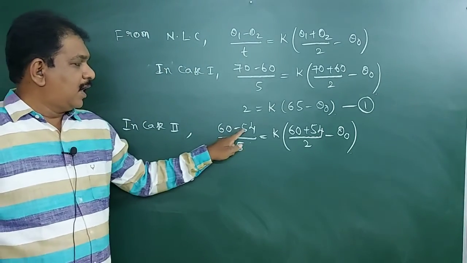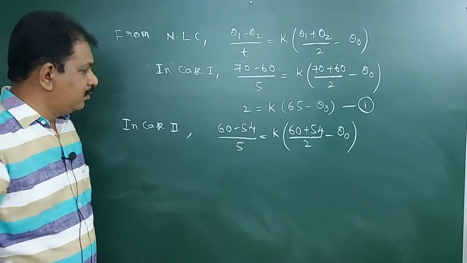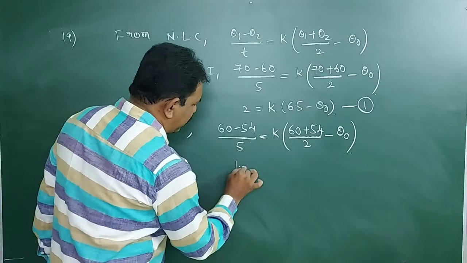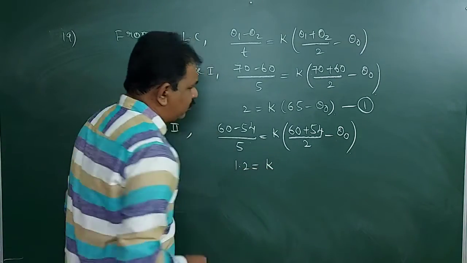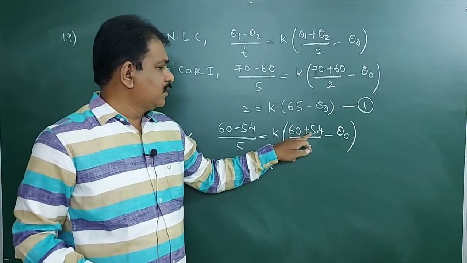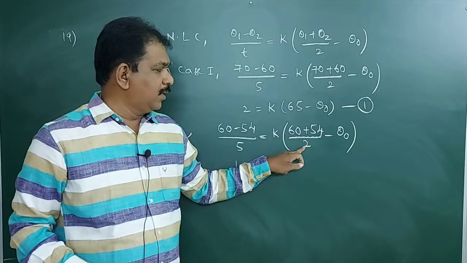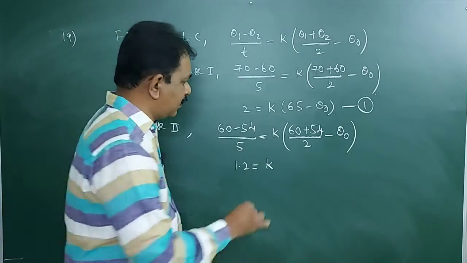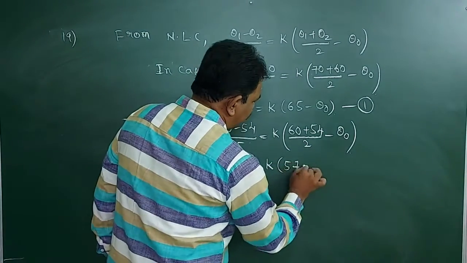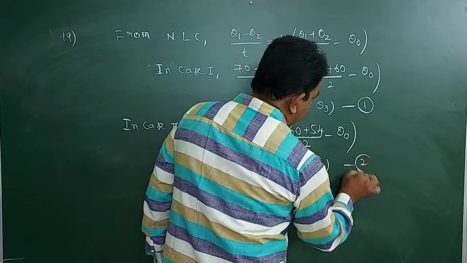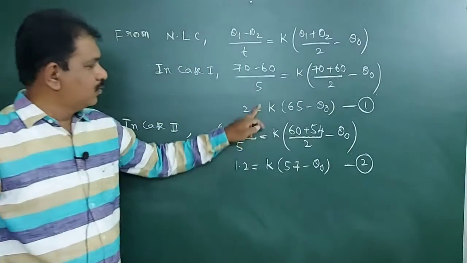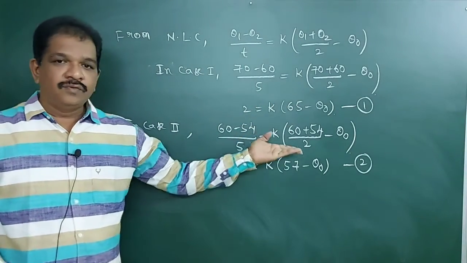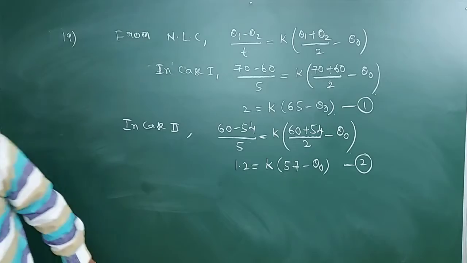So this value 6 by 5, that is 1.2, is k into (average of this, 114 by 2, which means 57, minus theta naught). Let it be equation 2. Divide these to find the theta naught value.